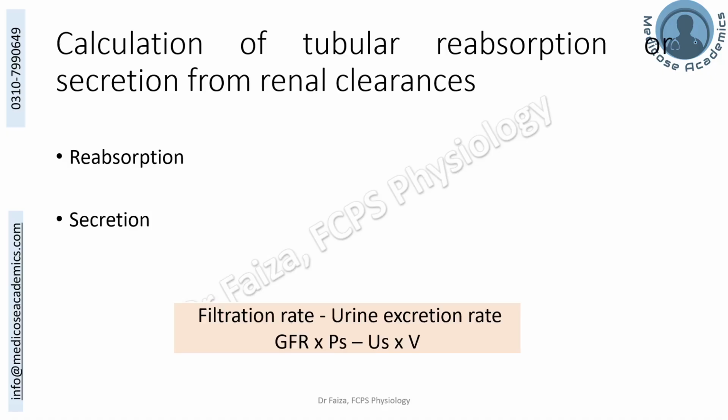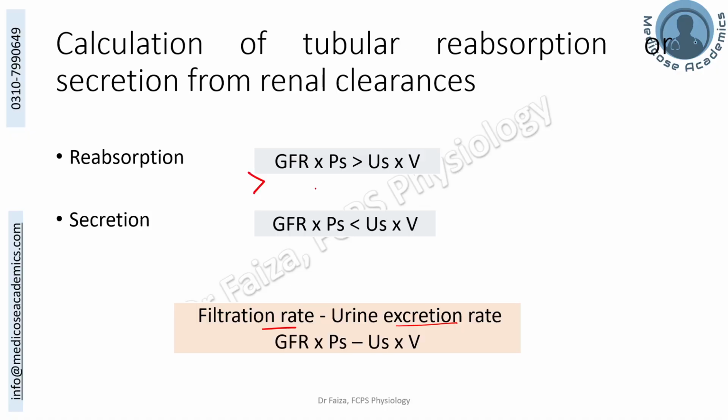Now we will come on to the estimation of renal tubular reabsorption and renal tubular secretion from the renal clearance. As we know, filtered load and urine excretion rate. A substance which was reabsorbed is going to have a higher filtered load as compared to the excretory load, whereas for a substance which was secreted, the filtered load would be less as compared to the excretory load.